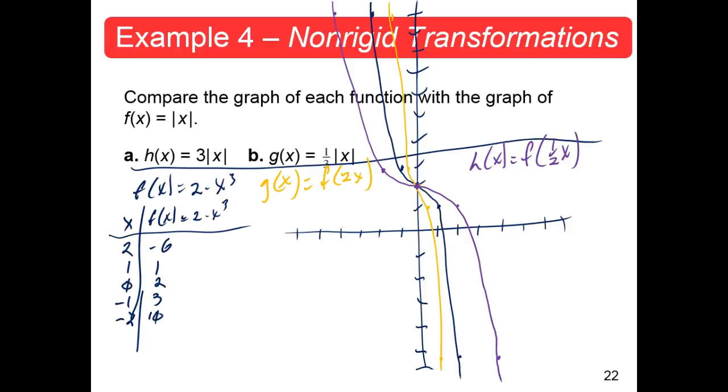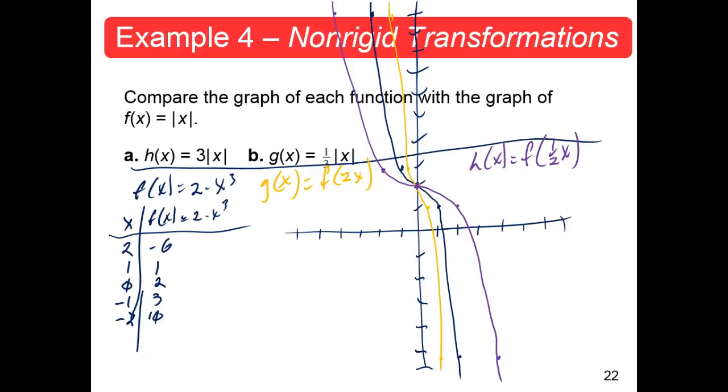F of x. And what is f of x? Y. And when you're adding to y, what are you doing? Vertical. Which way? Up. Yes. It's a vertical shift, c units up. So that would be little Roman numeral 4, right?